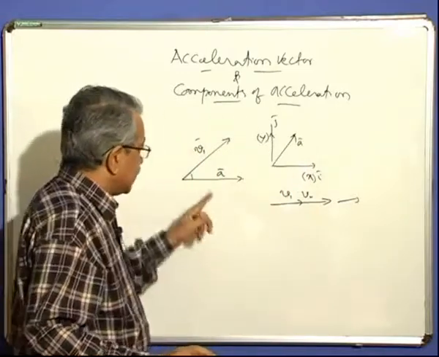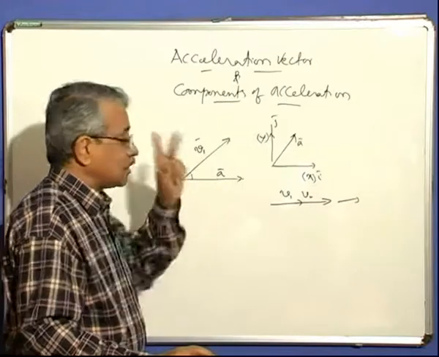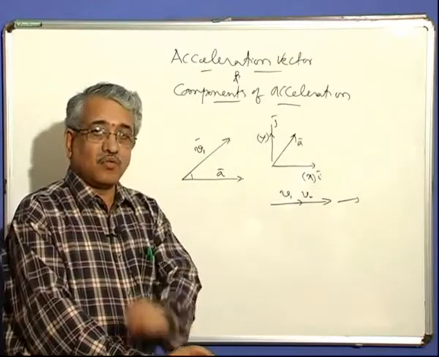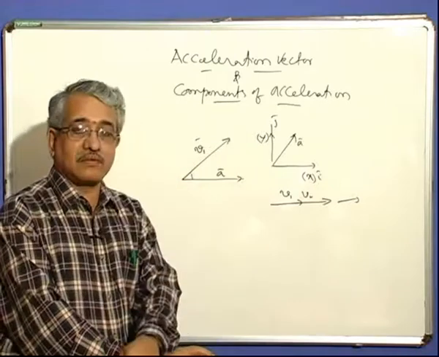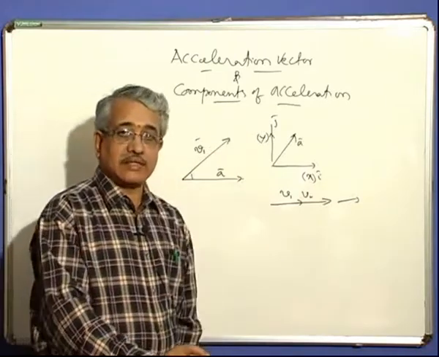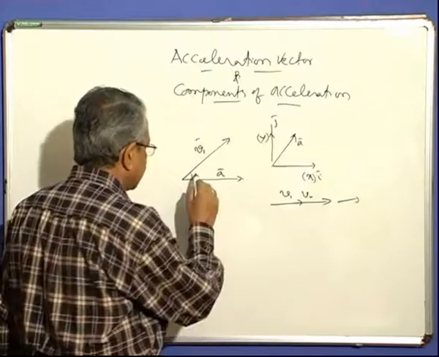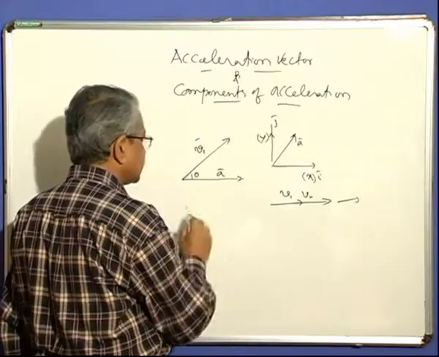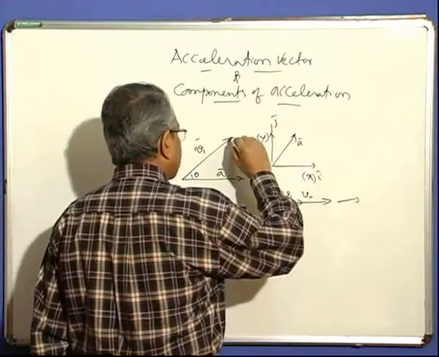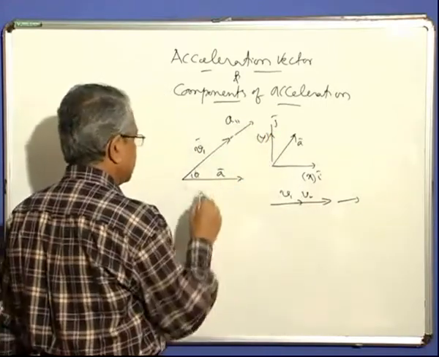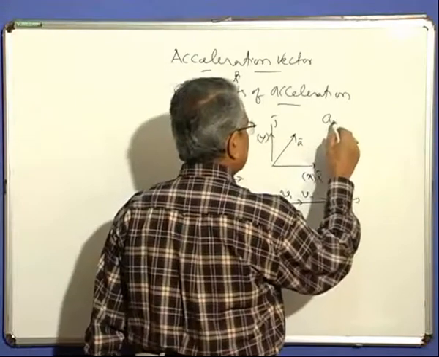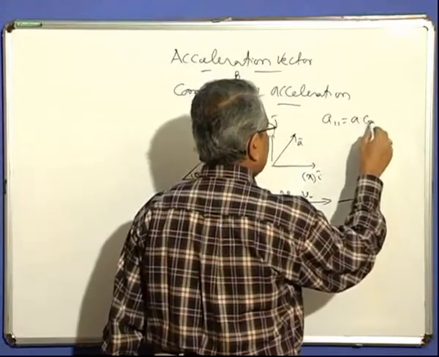If this vector is resolved into two components, one along the direction of the velocity and one perpendicular to it, let us see what difference we get. We take this angle as theta. We have one component in this direction, which we call the parallel component, and that is a cos theta.